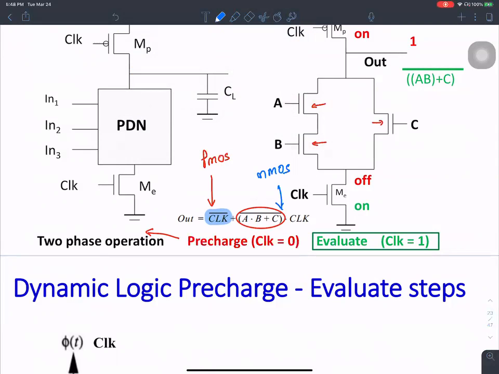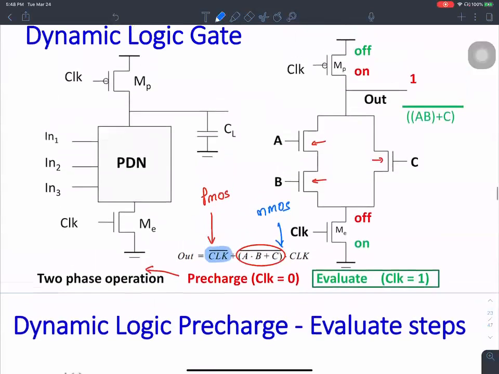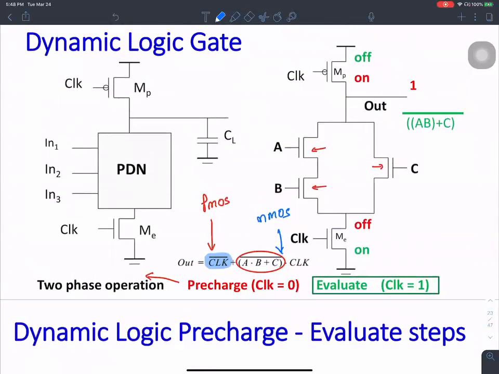So the size of the whole circuit is much smaller because the number of PMOS transistors is just 1. I'm not using N, the number of inputs, as the number of PMOS transistors. Does that make sense? Yes.